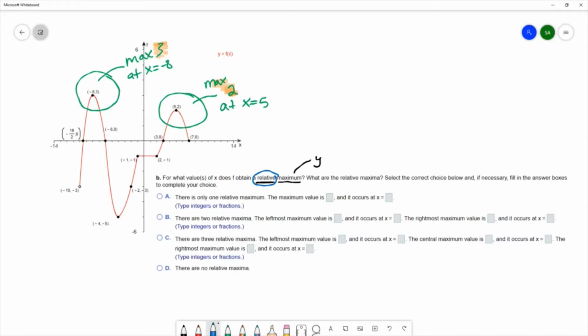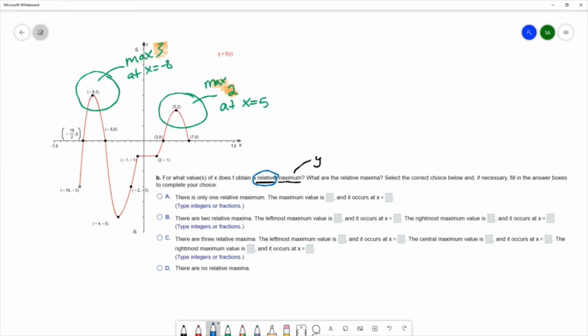The word relative says you're going to zoom in and only look at that isolated area, and for that isolated area we do have a maximum of 2. So once again, we're not looking for the maximum on the whole graph, we're looking to see if there are any little localized maximums. There are 2 for this one.